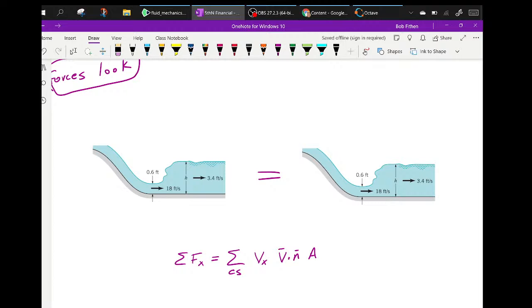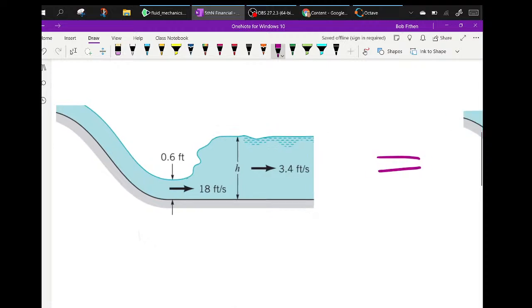So in light of that, what I'm going to do, that's interesting. I'll just make a new equal sign. Okay, so what are the forces on this?